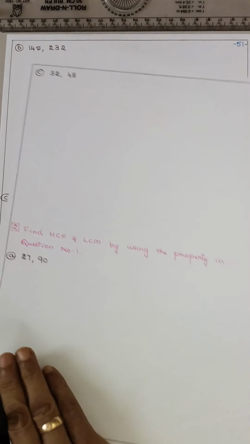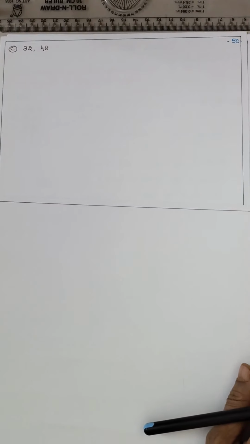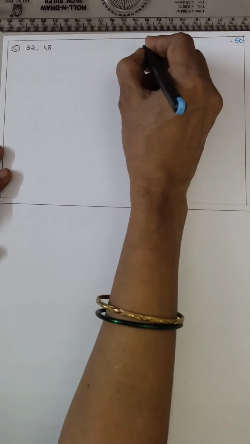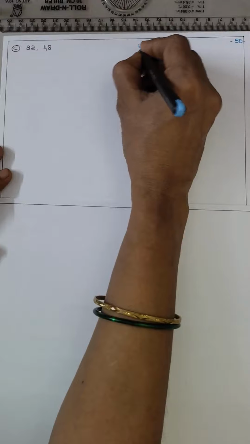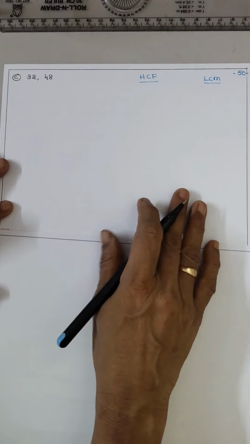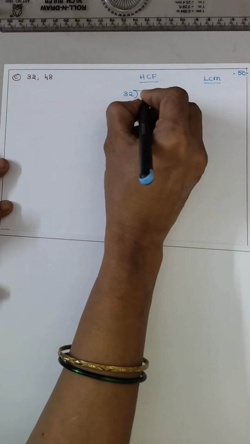Now coming to the question number 1C. Same method. Okay, find out the HCF first, then LCM. Now HCF, 32 is smaller, 48.